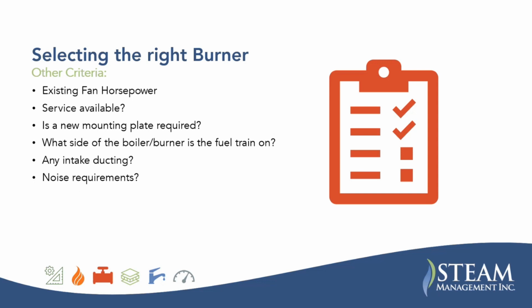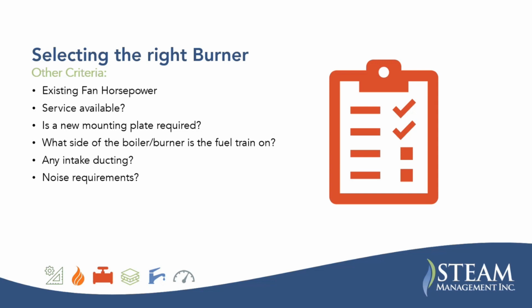Some other criteria to consider. What's the existing fan horsepower? The consideration here for our purposes is what are the electrical savings we're going to get if we get a VFD system. What's our new operating electricity going to be in comparison to the existing?